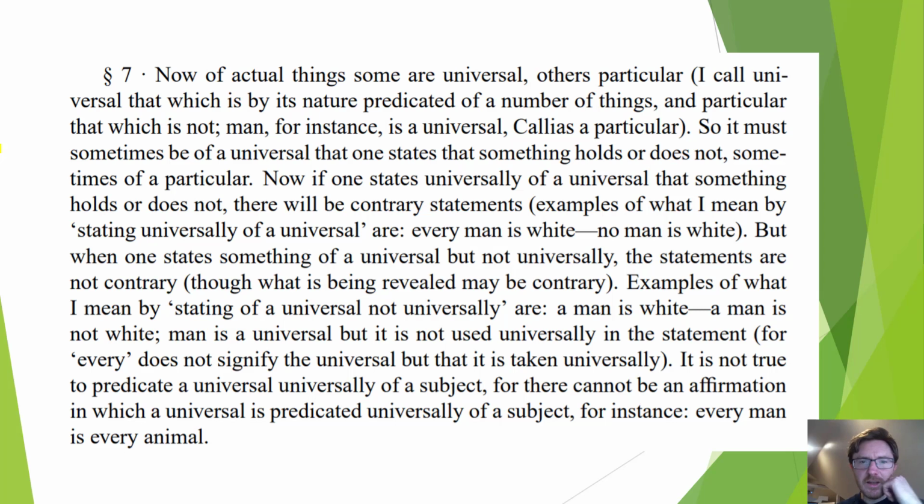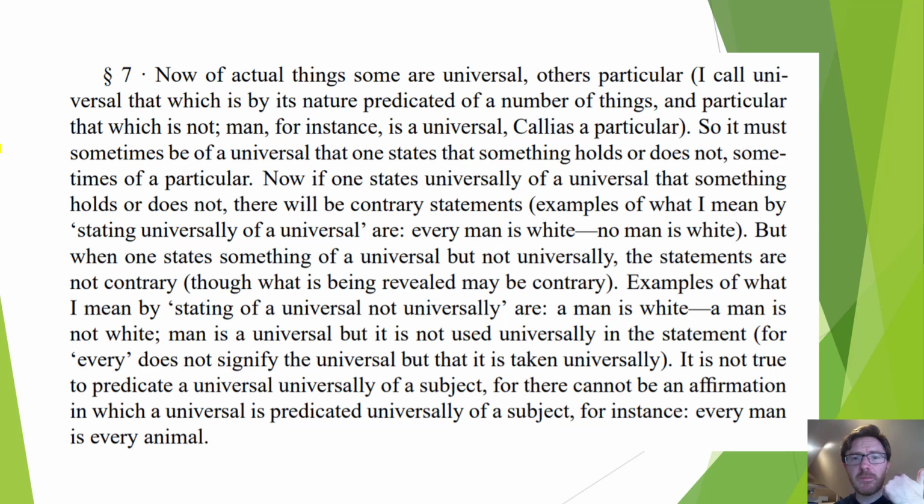So slowing down here, he's trying to make a point about what the definition of stating a universal but not universally is. So we can make statements about the universal like every cookie has chocolate chips.